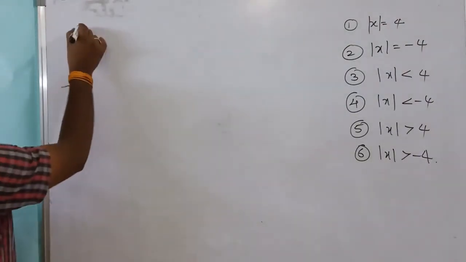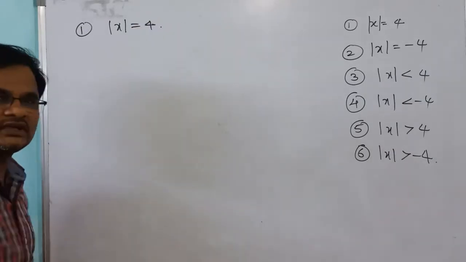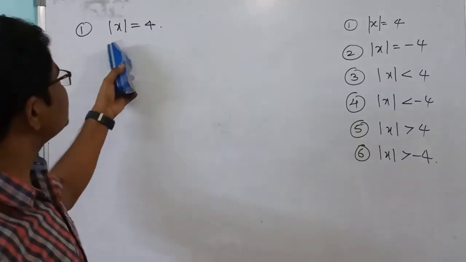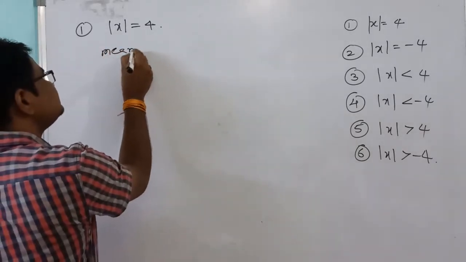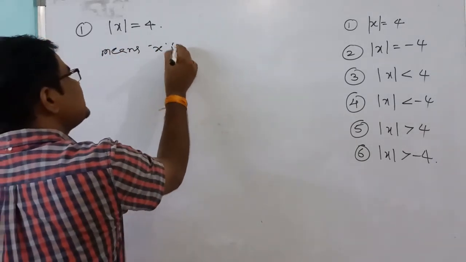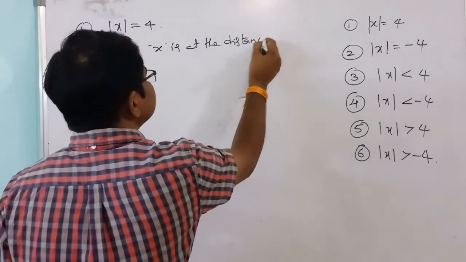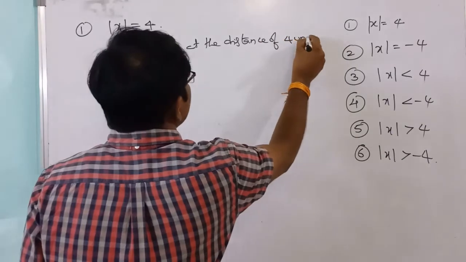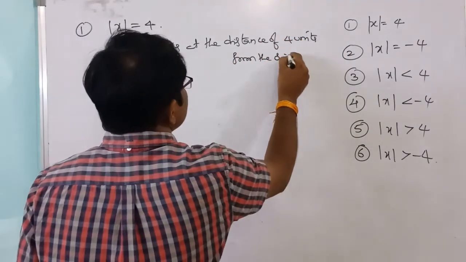So first one is mod X equal to 4, right? Mod X equal to 4 means, what is the meaning? It means X is at the distance of 4 units from the origin.